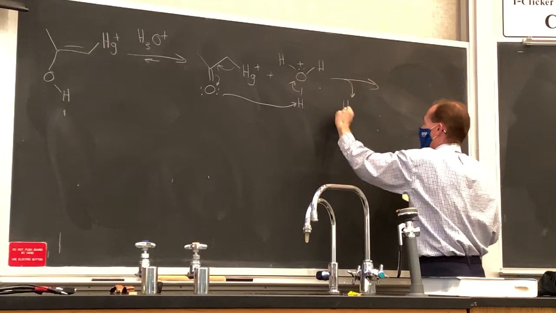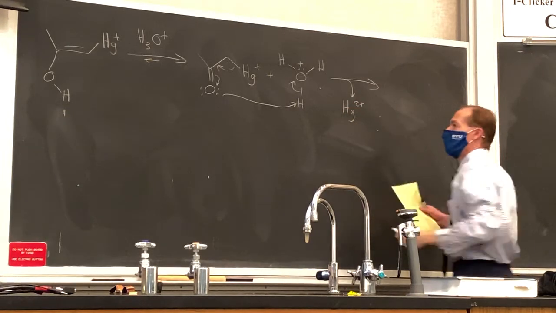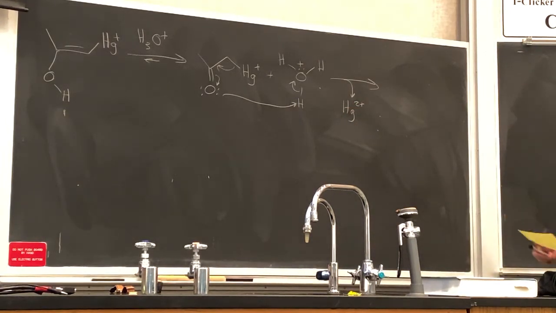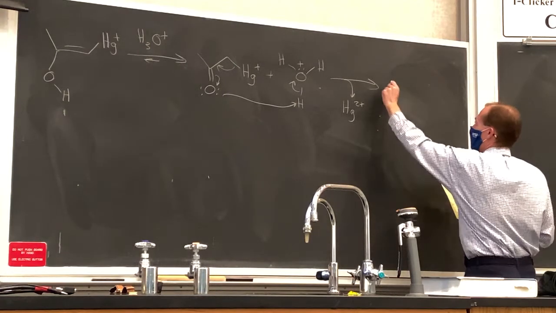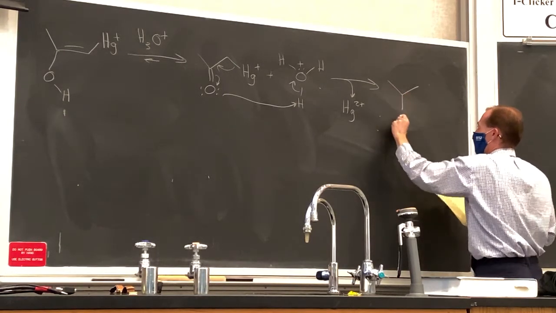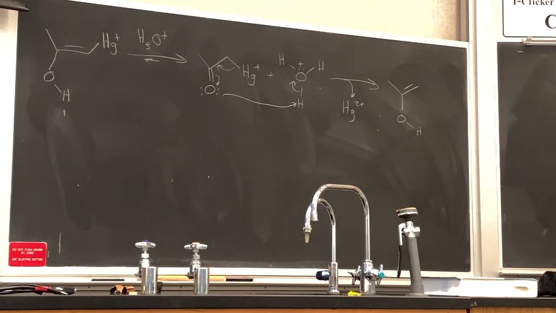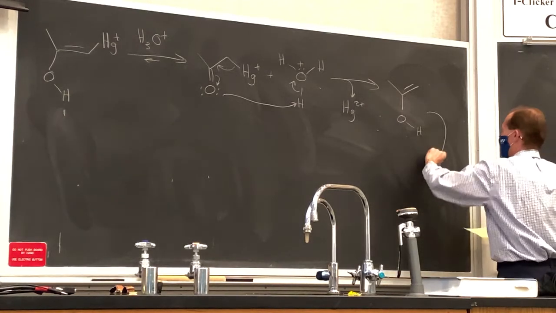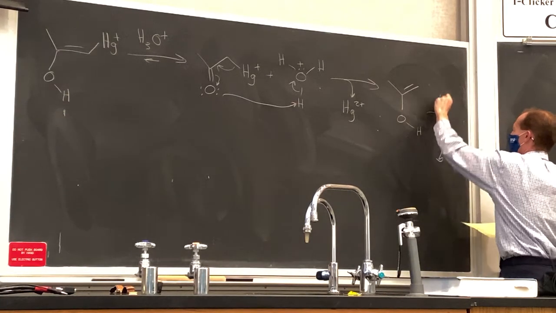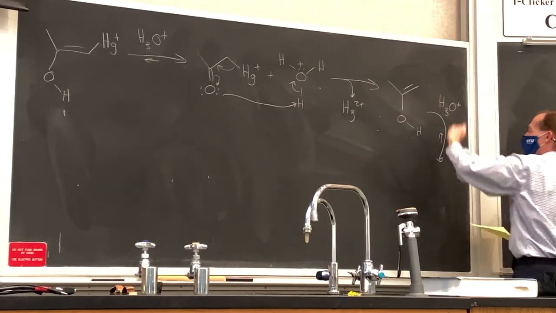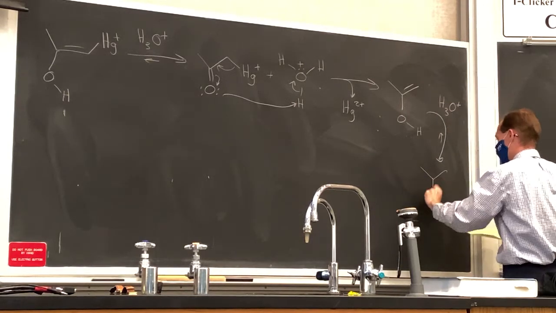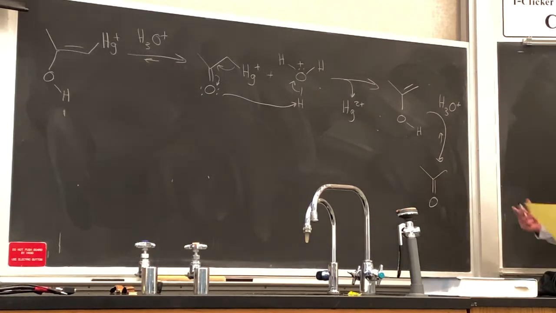So our mercury cation comes off and is regenerated, and then we form another enol by this particular step. And so that enol will undergo a second tautomerization to give the final ketone product.